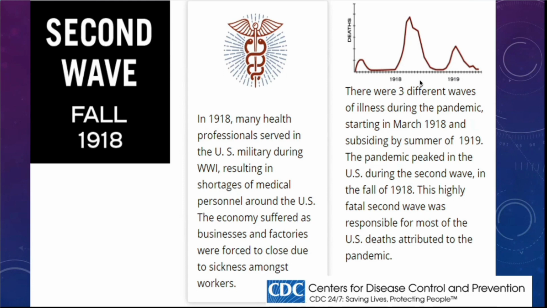The second peak was the worst and the most fatal, and it was responsible for most of the United States deaths. Then the third wave started at the end of 1918 and finished in the summer.